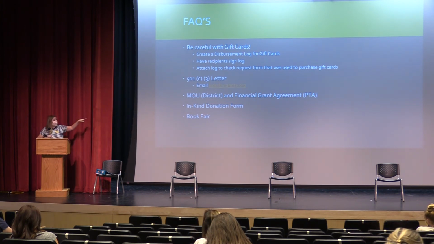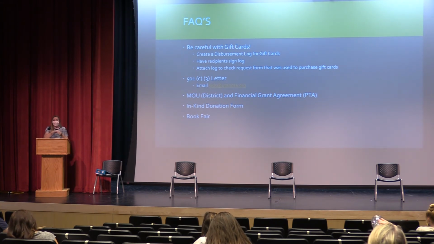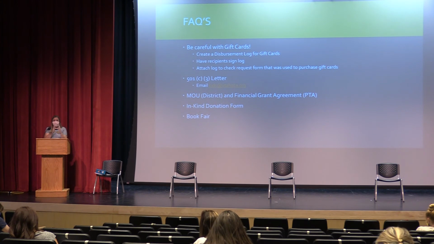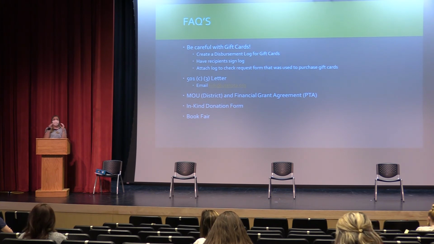But you need to make sure you fill out a financial grant agreement, which you can get on utahpta.org and print that out. It's basically a form that you and your principal, or your president and your principal, however, fill out that specifies PTA is giving you X amount of dollars for this purpose.